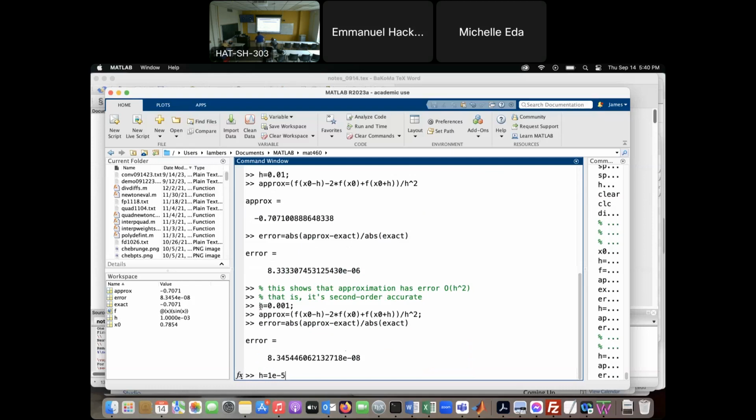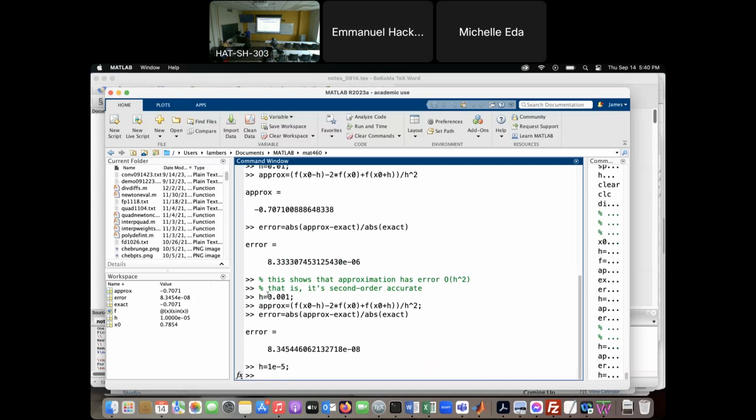Okay, and now I'm going to try changing h again, to 10 to the minus 5. Before, h was 10 to the minus 3. I decreased h by a factor of 100, so the error ought to decrease by a factor of 100 squared, 10,000.